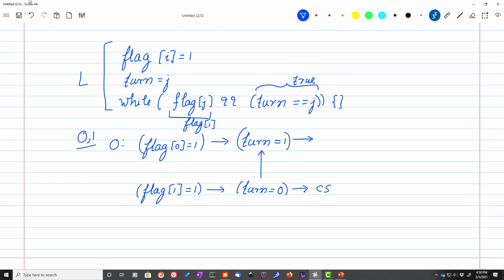Otherwise it would not have entered the critical section. So given that it entered the critical section, it must have seen flag 1 equal to 0, which means that this check for entering the critical section must have happened before flag 1 was set equal to 1.